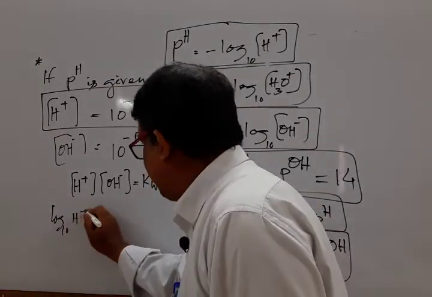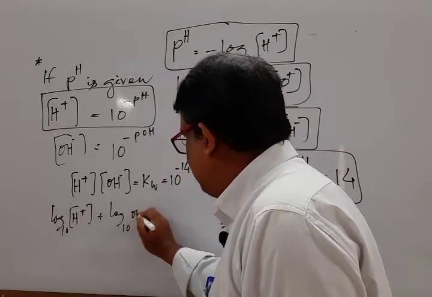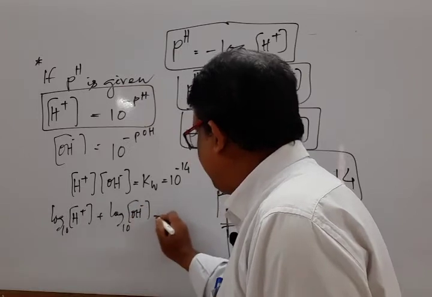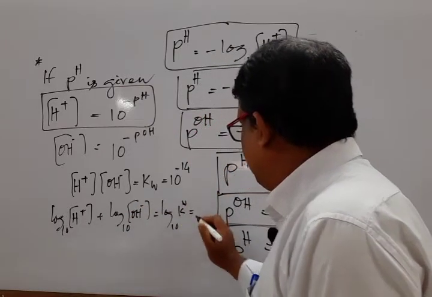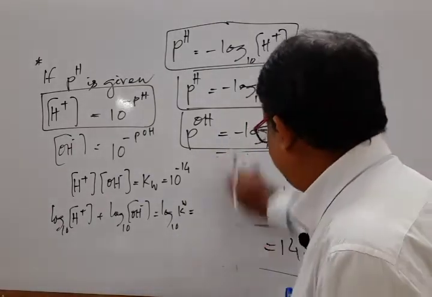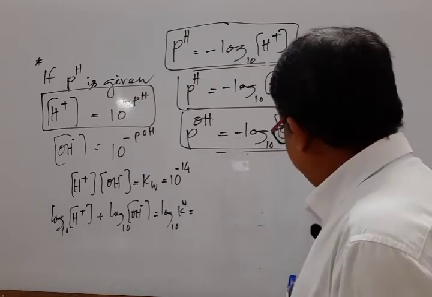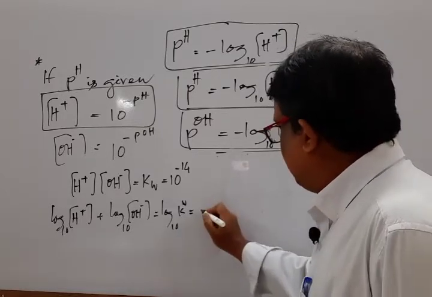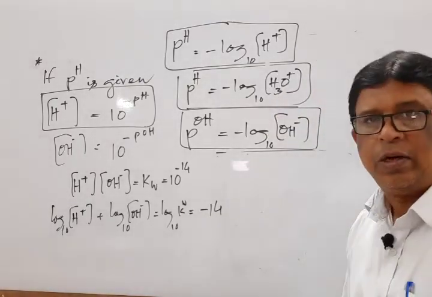Log H plus ion concentration plus log OH minus ion concentration is equal to log Kw, and by taking log, it transfers to minus 14.